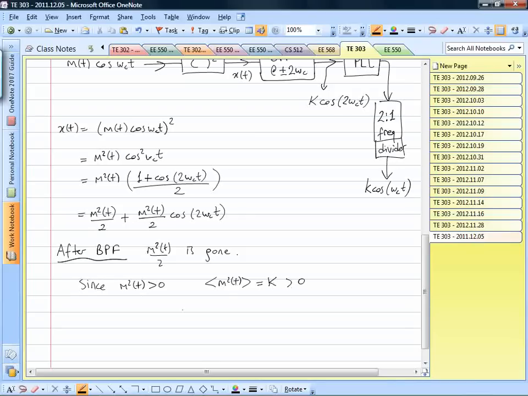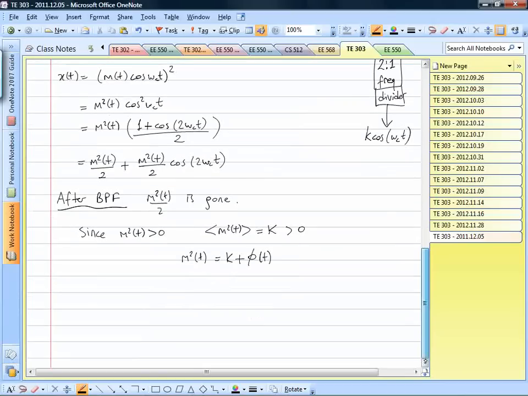So I can write m squared of t as k plus some signal phi of t, let's say, where k is the average value and phi of t now has mean 0. So this phi of t is a signal with mean 0. Okay, average value 0.